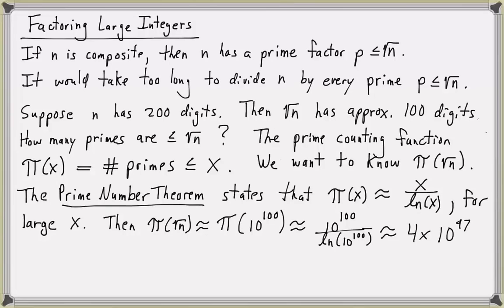So for an integer n, which has 200 digits, there's approximately 4 times 10 to the power 97 prime numbers that we would have to check. So how long will this take? Well, as of July 2014, the fastest supercomputer would not be able to check each one of these primes in our lifetime.